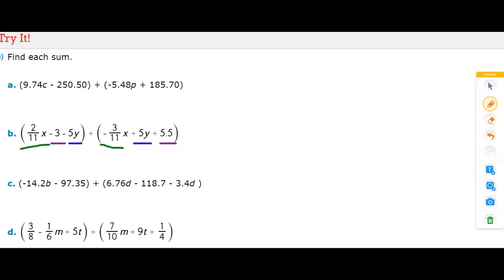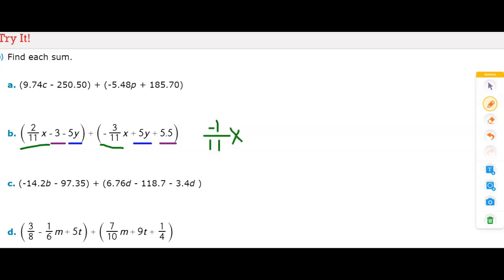So 2 minus 3, and then because that 3 has that minus in front, we know that the answer is going to also be negative because the absolute value of the 3 would be greater. So then we would have negative 1 11th times x.